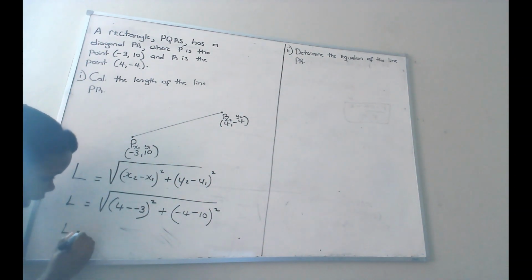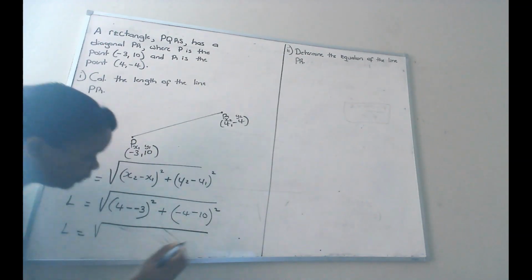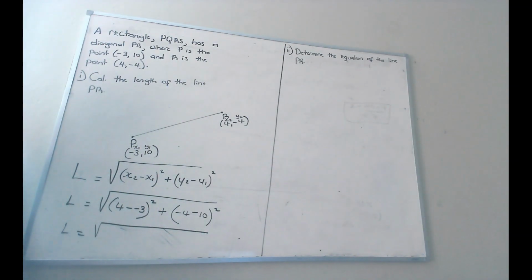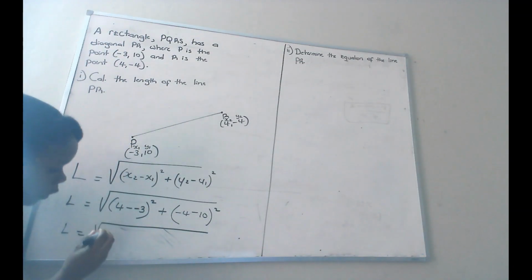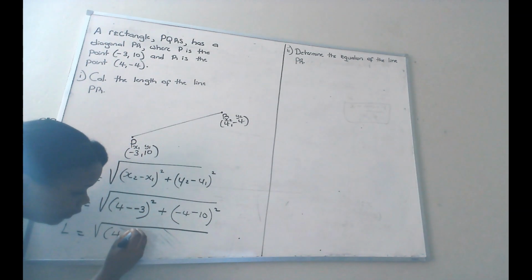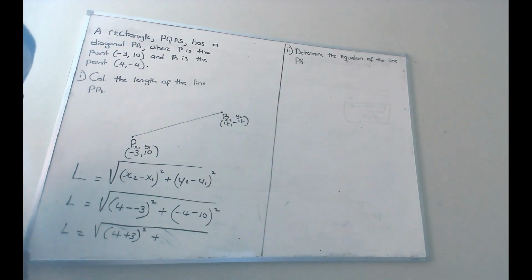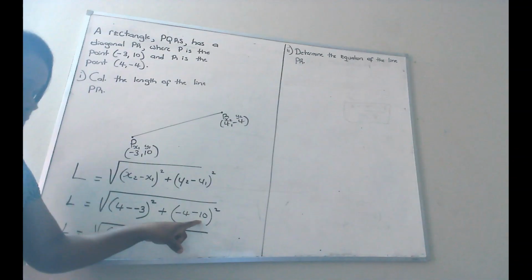So we're going to go ahead and work out what we have inside the bracket. When you have two minuses in a row, this is a plus. So this is the same as 4 plus 3. Plus, let's go, minus 4 minus 10.